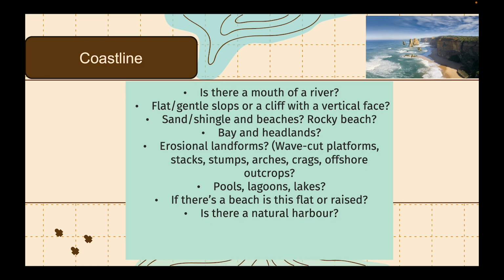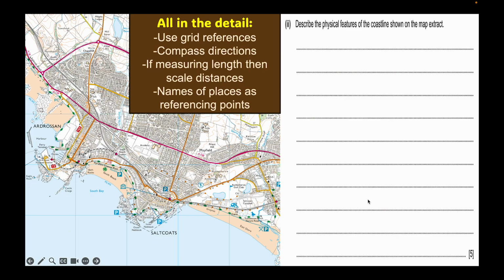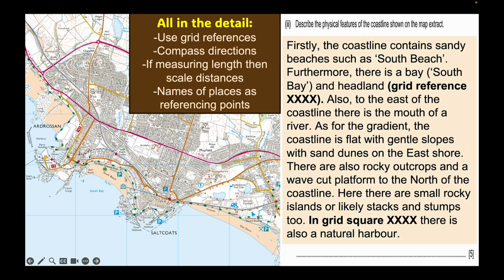Is there a natural harbour? Any eroded material, such as scree or boulders? Again, if you want to pause the video and tackle the question, you can before I reveal the answer. So here's the coastline, describing the physical features of the coastline. Should be an easy 5 marks, I think, this one.